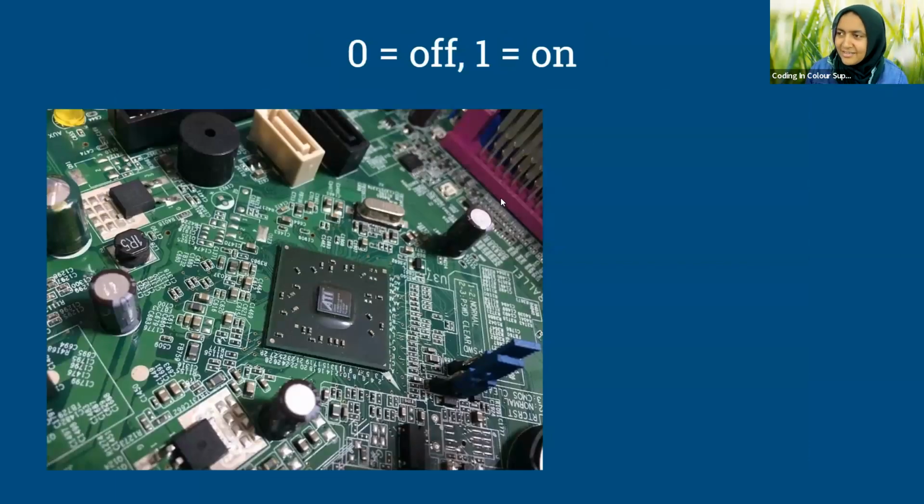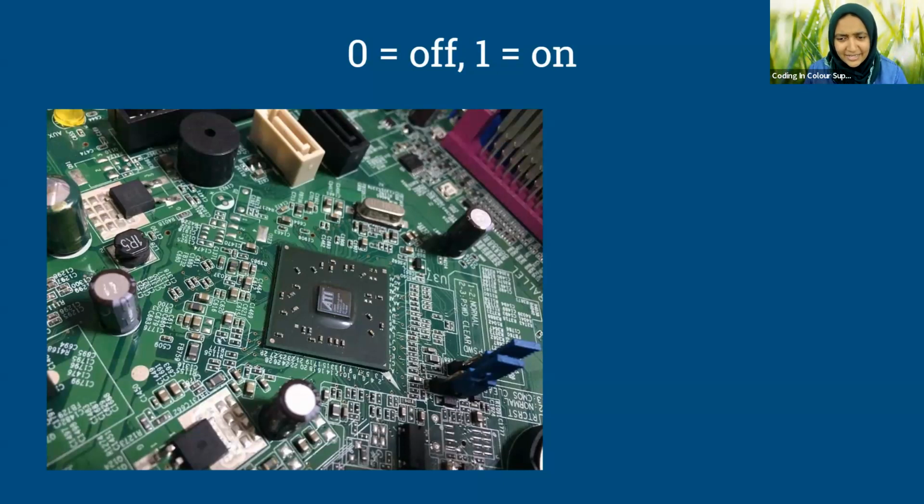Okay, so what are the zeros and ones actually? So at the core, the computers are these little silicon-based devices. They have transistors in there, which is an electric component. And the way they work is by sending signals. They're just electric signals across the circuit.